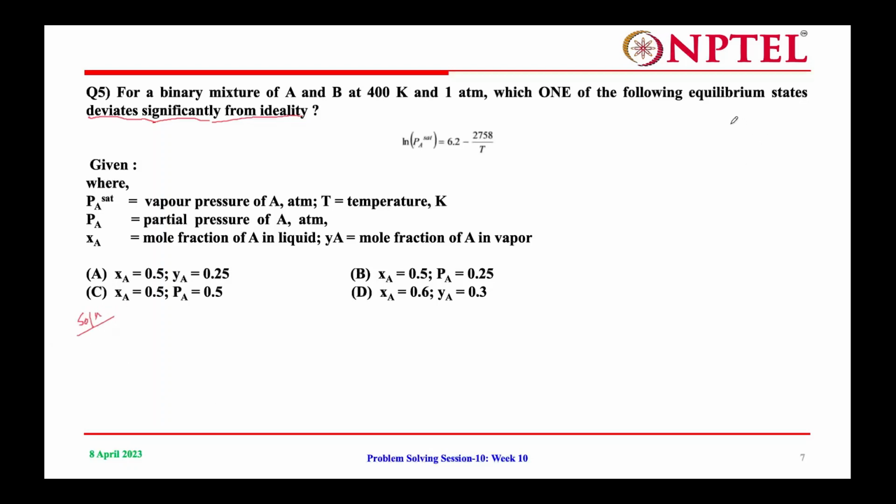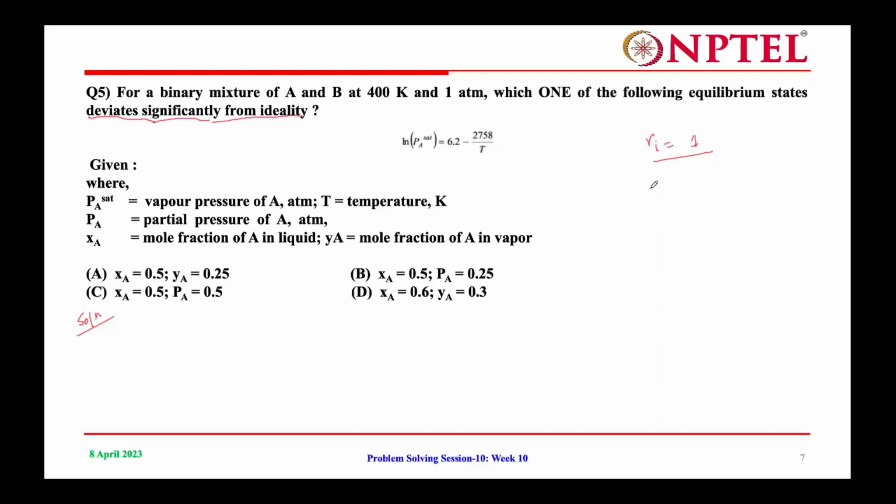So you have to check which of the options given deviates significantly from ideality. Can someone tell how we would solve this one? At ideal condition, gamma is equal to 1, right?